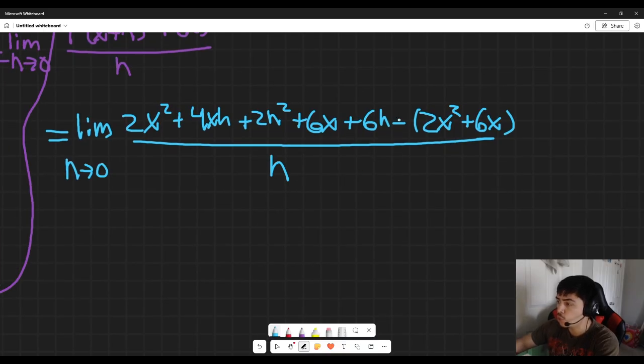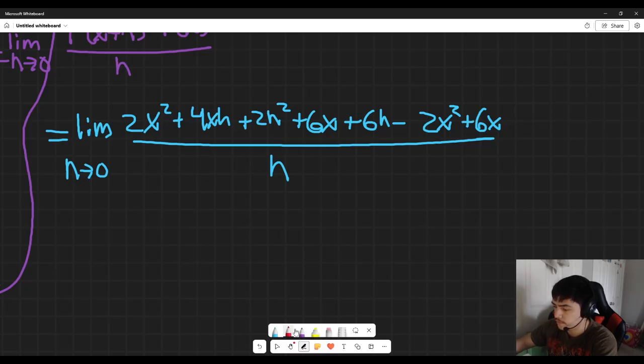And so now we can go ahead and just distribute that negative in. I don't want to rewrite all this, because that might take a while. We can just get rid of those parentheses and distribute this negative in. So we distributed the negative to the 2x squared, and the negative is also going to distribute to that 6x, so that's going to turn negative as well.